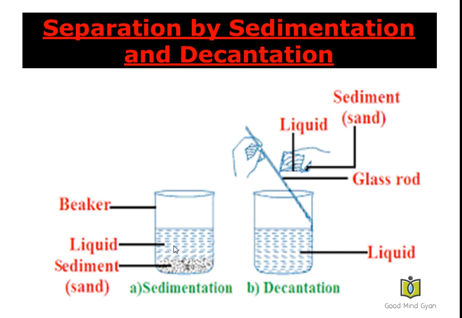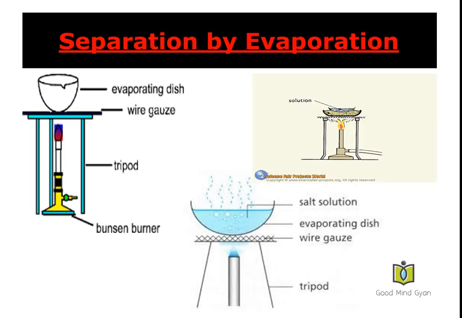Since it's a continuous process, here you can see the process of sedimentation where you have sediment and clear liquid in this beaker. Now, here you can see that the sand, which was a sediment, settles at the bottom and the clear liquid is poured into another beaker. Okay, I hope you are clear with this now.